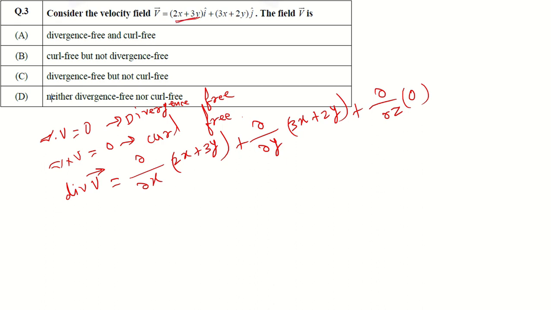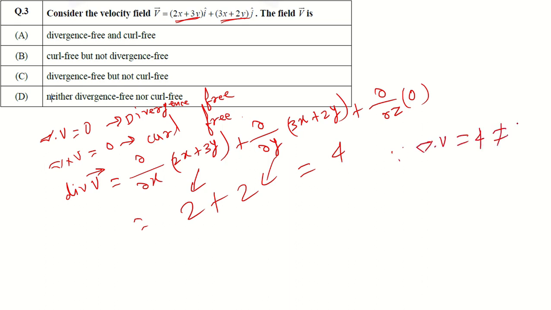Okay, now let's differentiate this. So we will find 2 from this plus 2 from this is equal to 4. So we got divergence of V is equal to 4, which is not equal to 0. So this is not divergence free.